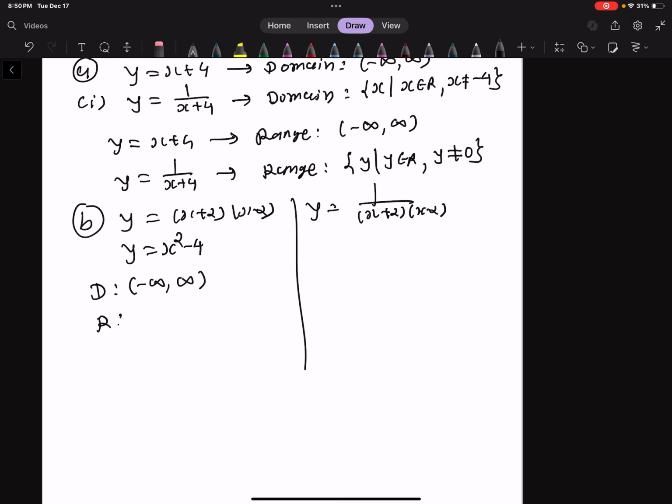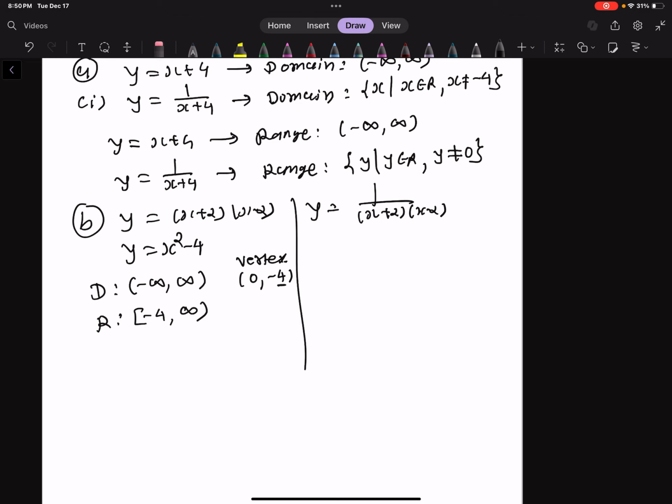To find the range, you need to know the vertex. The vertex is 0, negative 4. The y value of the vertex always affects the range. The graph faces up, so it has a minimum value. The minimum value is negative 4 and the maximum is positive infinity.